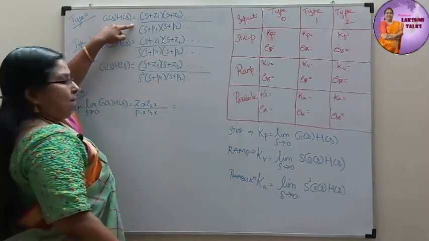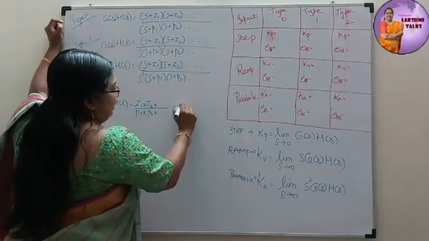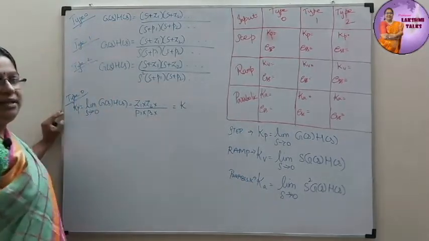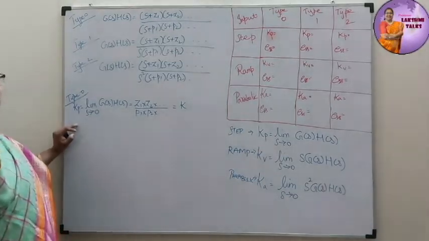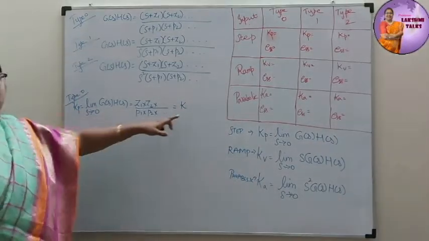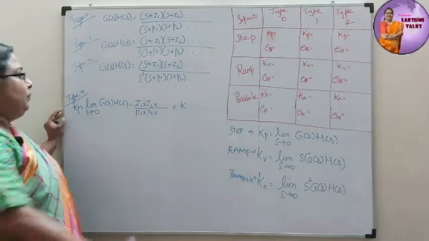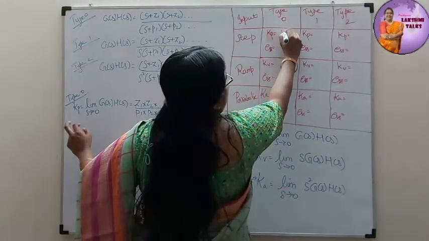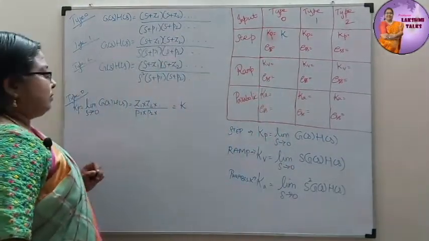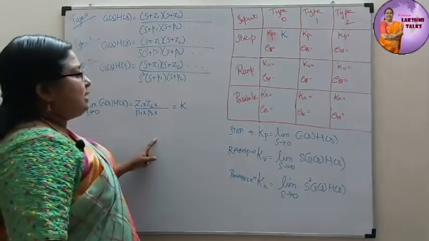It will be a constant value K. So Kp is nothing but a constant value for a type 0 system, some constant K. And what about the steady state error?